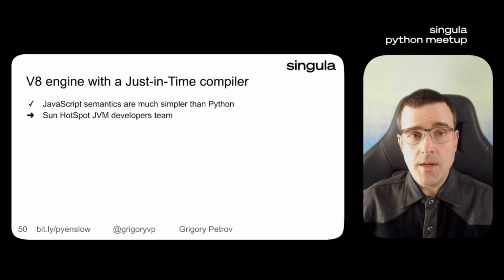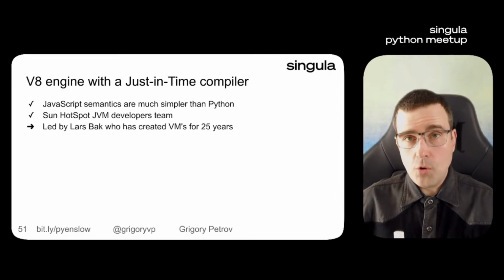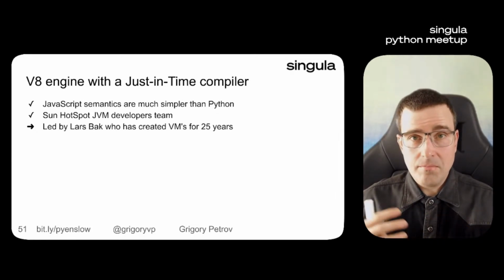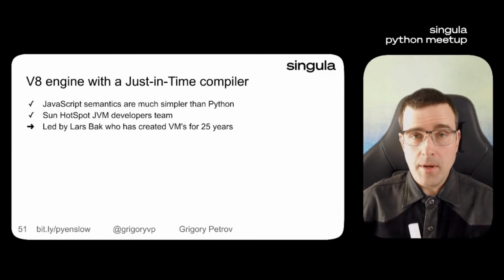And this team was led by Lars Bak, who has basically created virtual machines for his entire career, for 25 years. He is the world-leading expert at creating virtual machines. He made them at Sun and now at Google.